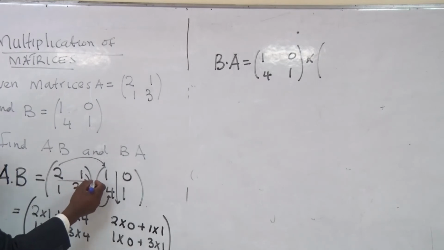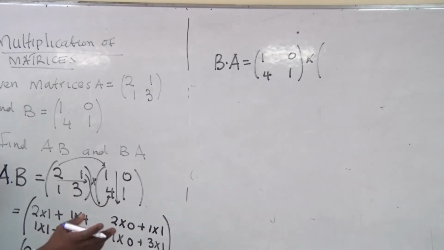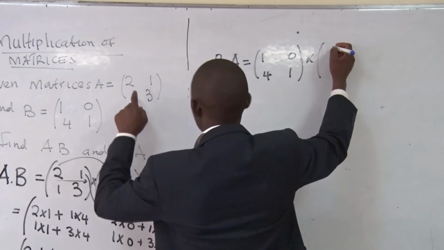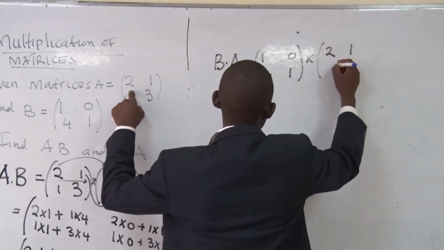Sometimes people put a dot, but whichever, you can even put a multiplication there, there is no harm. Multiplied by our A, which is 2, 1, 1, 3.